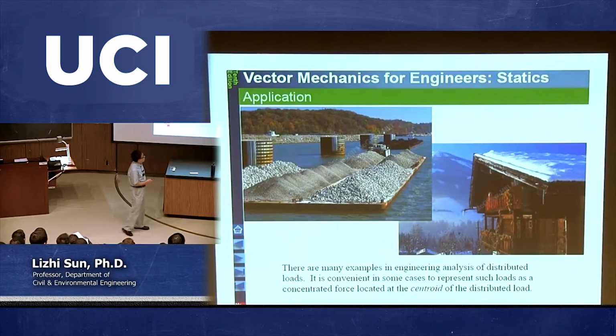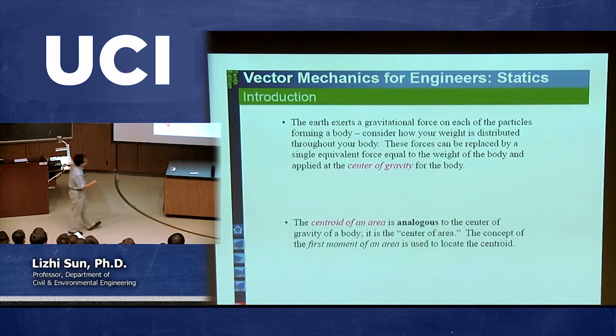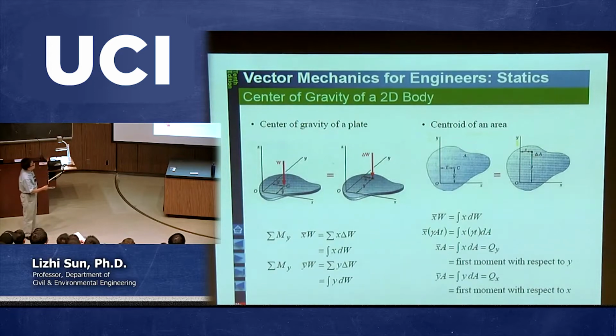And the centroid calculation is what we call x bar, y bar. Following the final equation, x bar equals this one divided by A, y bar equals this one divided by A. But in general, we're not going to ask you to do integration by yourself.